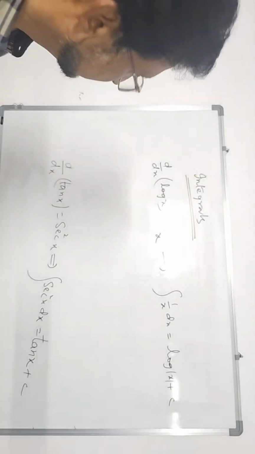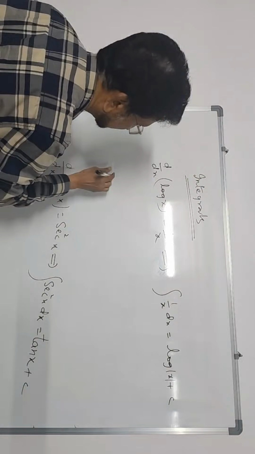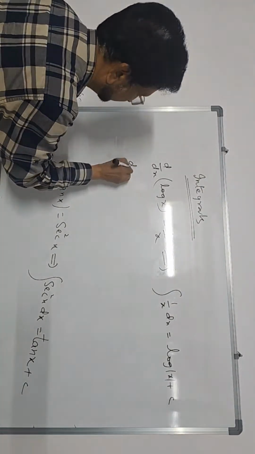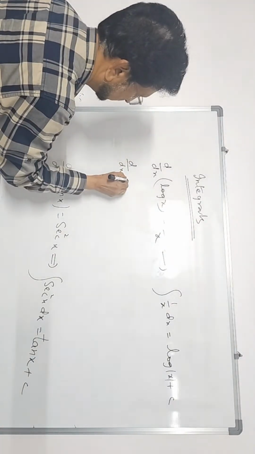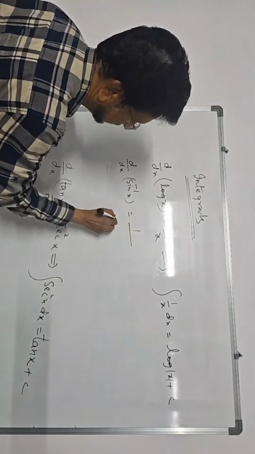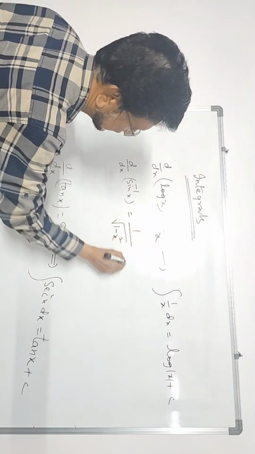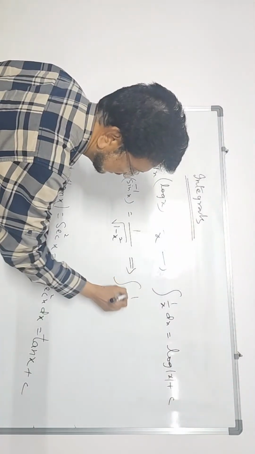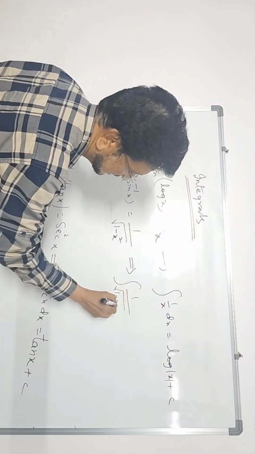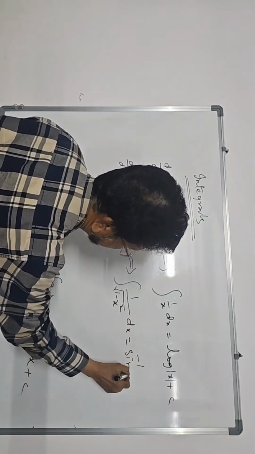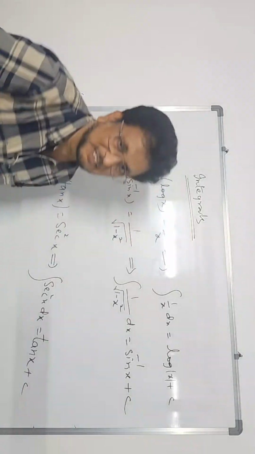Now another one, d by dx of sin inverse x is equal to 1 by root 1 minus x square. How do you write in integration? Integration of 1 by root 1 minus x square dx is equal to sin inverse x plus c.